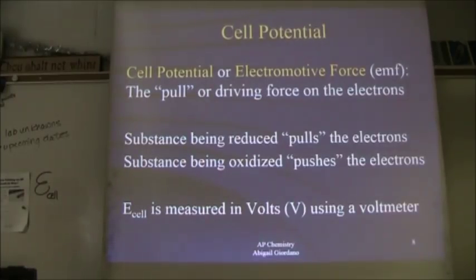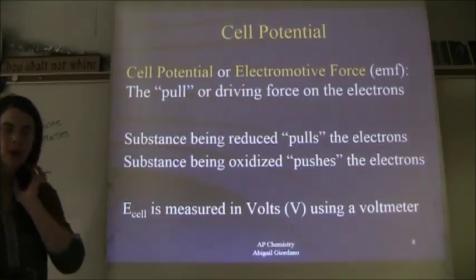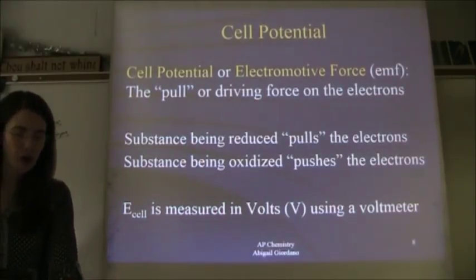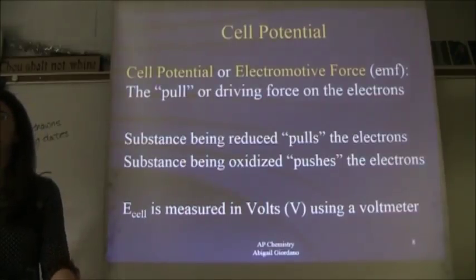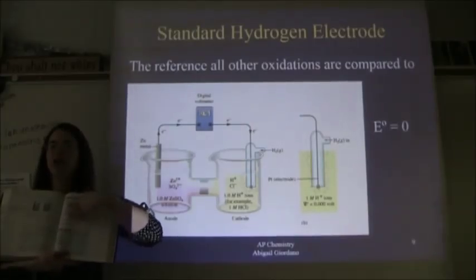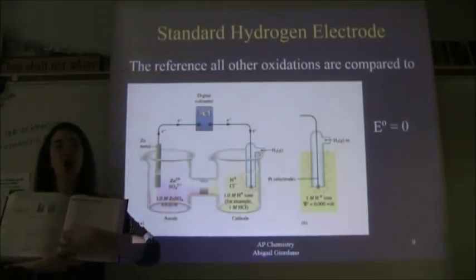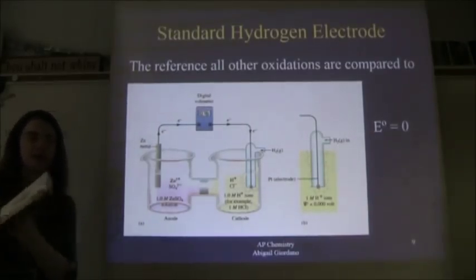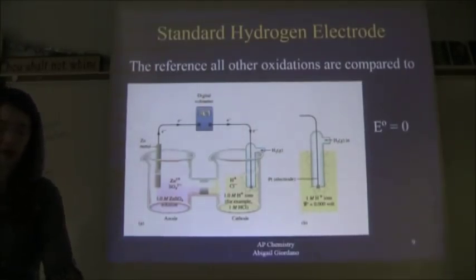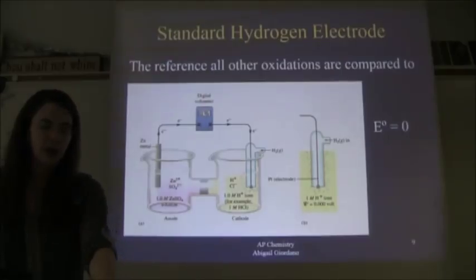So we're going to put some numbers to this. You have a book in front of you, yes? Okay. Please go to page 841. Page 841, guys, has a chart. And we're going to use this chart. We're going to use a bigger one in the back of the book as well. Okay, but look at the title of it.